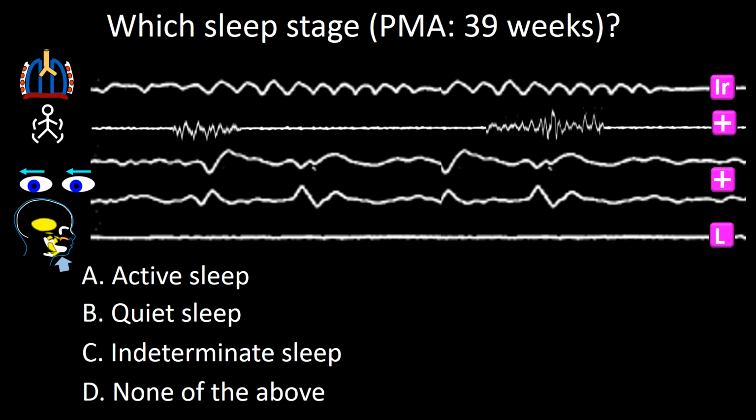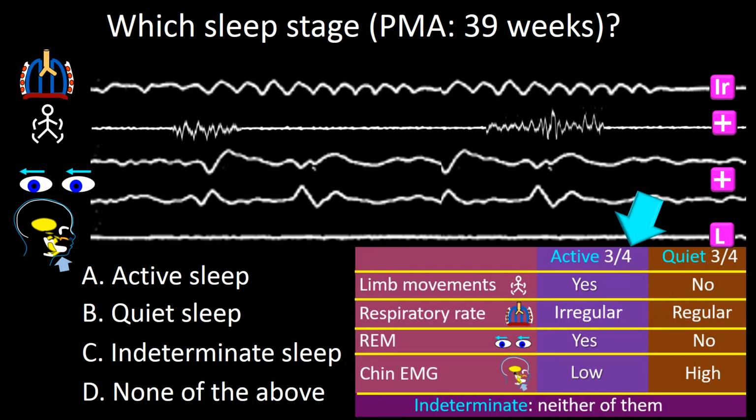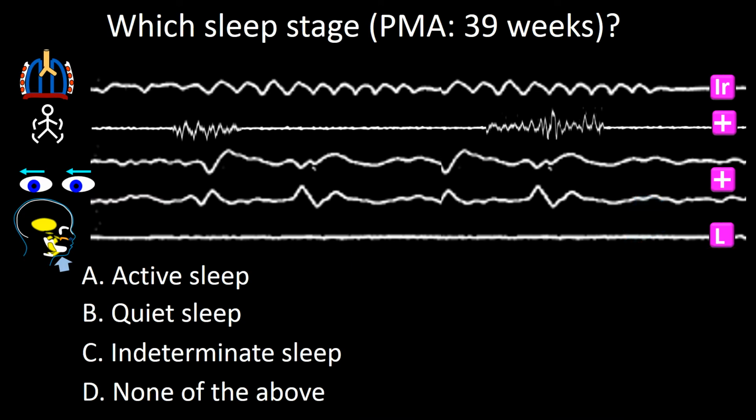And chin EMG is low. Then look at the conceptional age. In this case, the age is 39. This age requires at least 3 concordant parameters. In this case, all 4 parameters are concomitant. So the answer to this question is A.